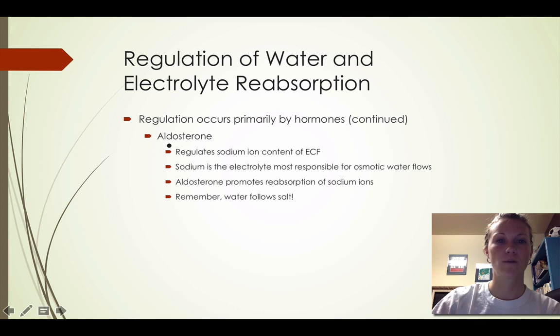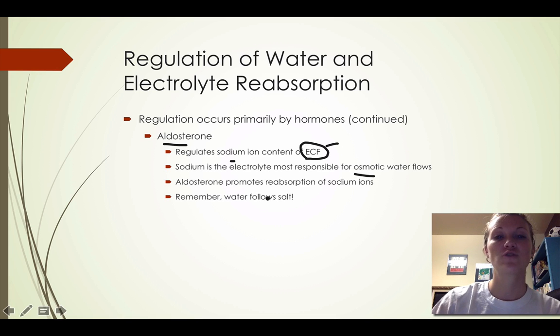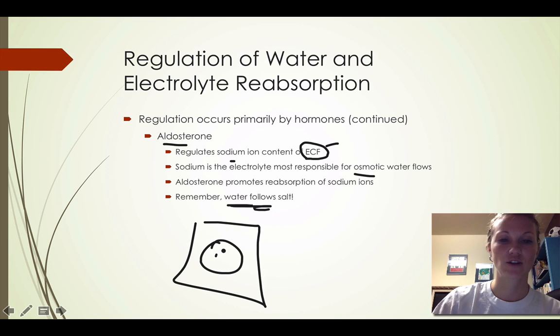And then a couple of other things here. Another hormone, aldosterone. Aldosterone regulates the sodium ion concentration in your ECF, and remember earlier, that's the extracellular fluid. So the sodium in the electrolyte is most responsible for the osmotic water. And then aldosterone basically promotes the reabsorption of sodium to help you retain your water. And remember, water follows salt. So again, I'll draw that diagram.